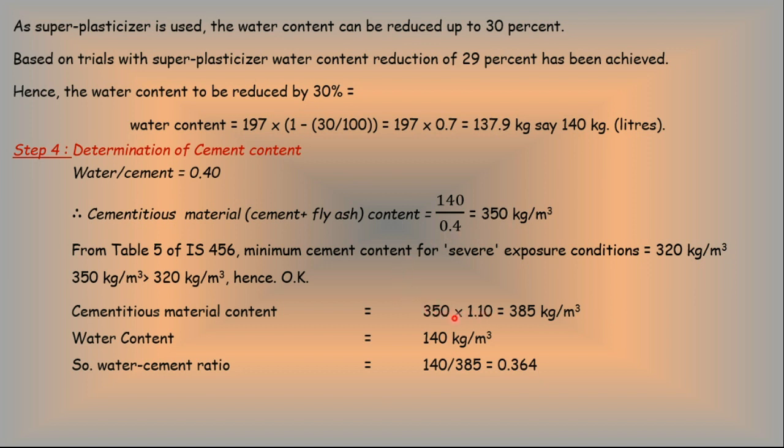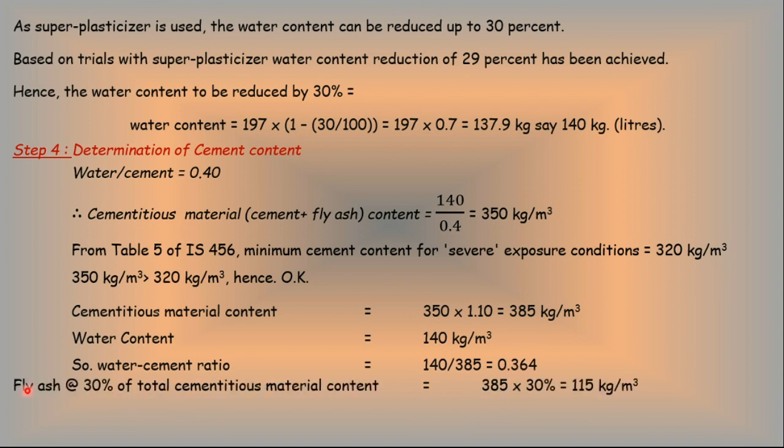Now when we are using fly ash, which has similar properties to cement, not exactly the properties of cement, for that reason we are increasing cementitious material by 10%. This is 385. So now the water to cement ratio comes out to be 140 divided by 385 equals 0.364.